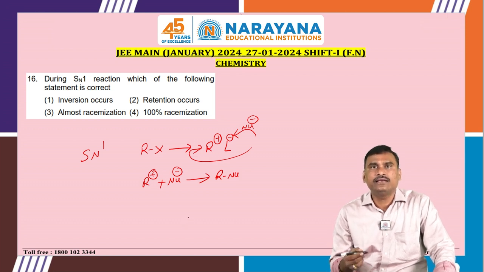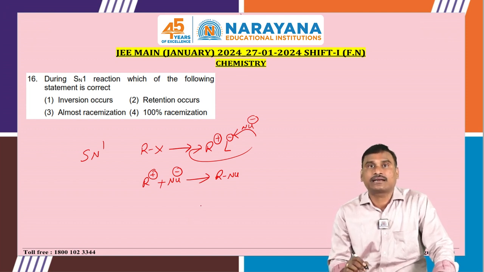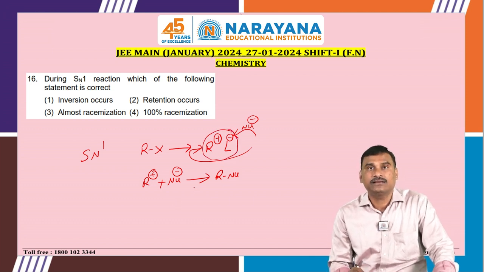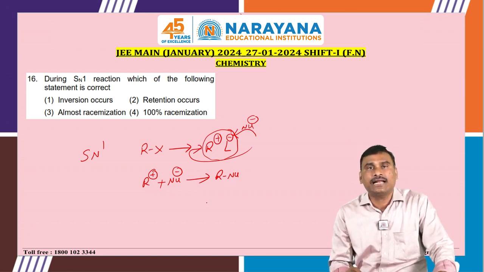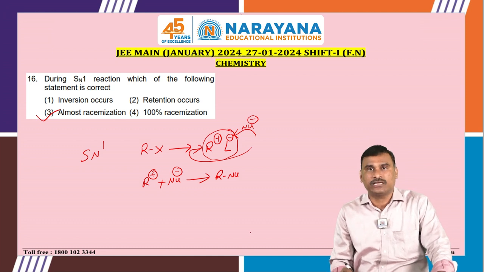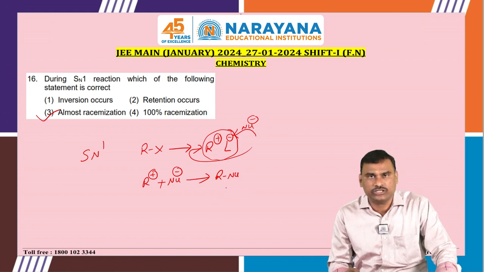Therefore, there is a little bit of inversion of configuration rather than retention because of the formation of this intimate ion pair. Since not all carbocations are stable enough, even in the SN1 reaction with a carbocation intermediate, inversion of configuration is slightly greater than retention. Therefore, 100% racemization is not possible in all SN1 reactions. Almost racemization is possible. That is the reason why we say almost racemization but not 100% racemization.